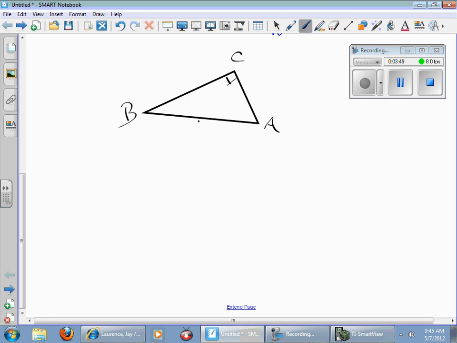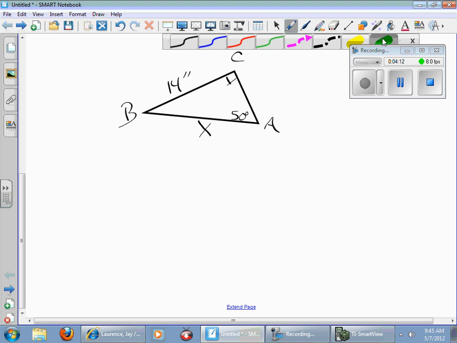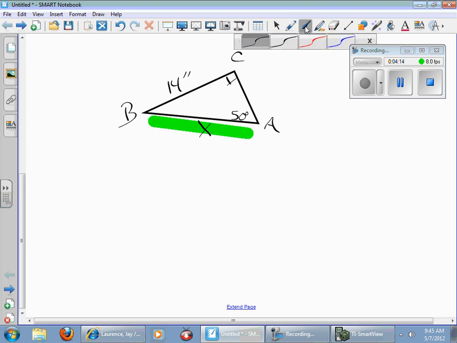And this time I don't know the hypotenuse, and I know that this is a 50-degree angle, and I know the side across from it, opposite it, is going to be, say, not 10, I used 10 too much. Let's make it 14 inches. Again, I'm going to highlight my hypotenuse. I know that the side opposite is involved and the hypotenuse.